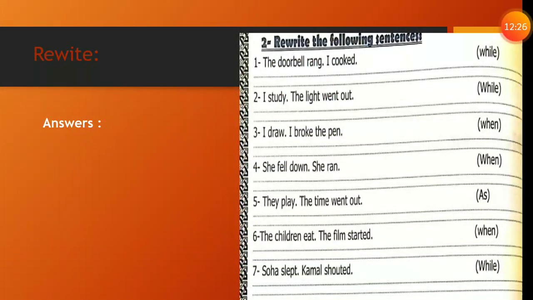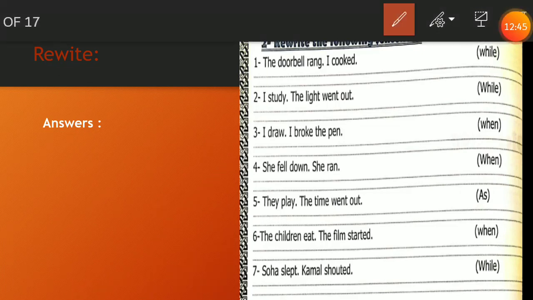Let's make our rewrite. Rewrite the following sentences. The doorbell rang, I cooked. Between brackets, "while" in small letters. Which verb takes the long time, rang or cooked? Of course, cooked.